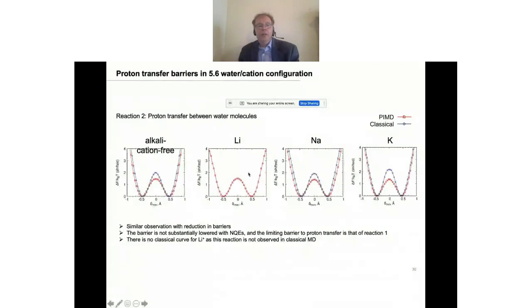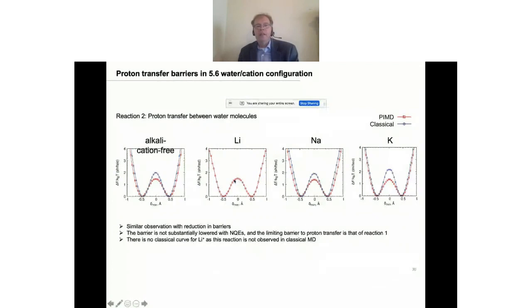Between water molecules, we see the same thing. Now, this is kind of interesting. If you have lithium in the water phase, we essentially don't see proton transfer in the classical simulation. The classical is completely missing here simply because there are so few proton transfer events around the lithium. Lithium makes such a tight water shell that we simply couldn't sample it with classical MD in our time scales.